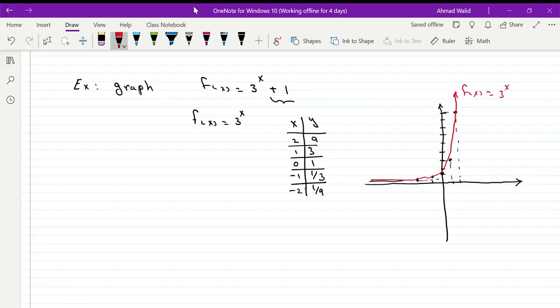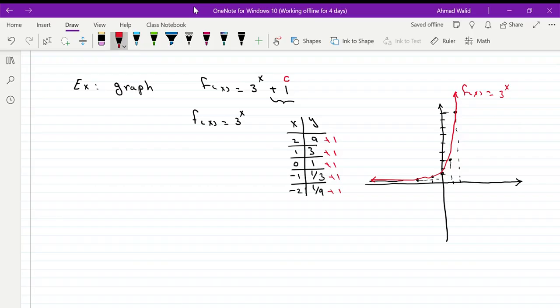But that's not my concern. My concern is to graph 3 to the power of x plus 1. Your 1 is c, right? It means you will add 1 to the column of y, and that gives you a vertical shift. Or in the graph, just move all the points 1 unit up. Correct?